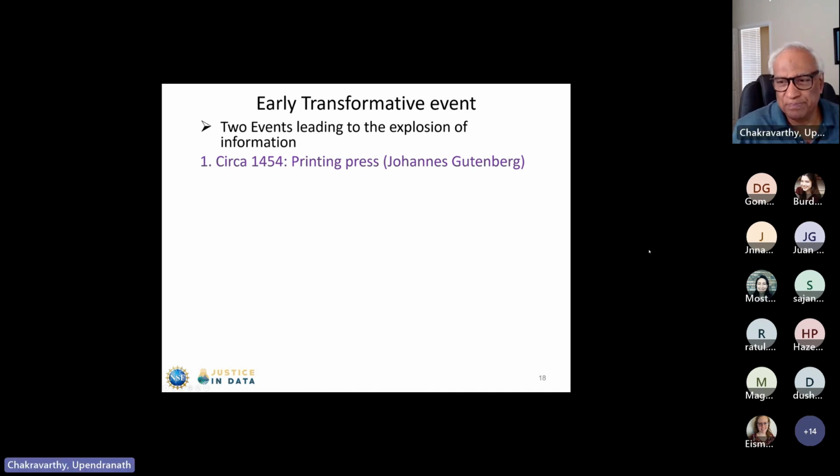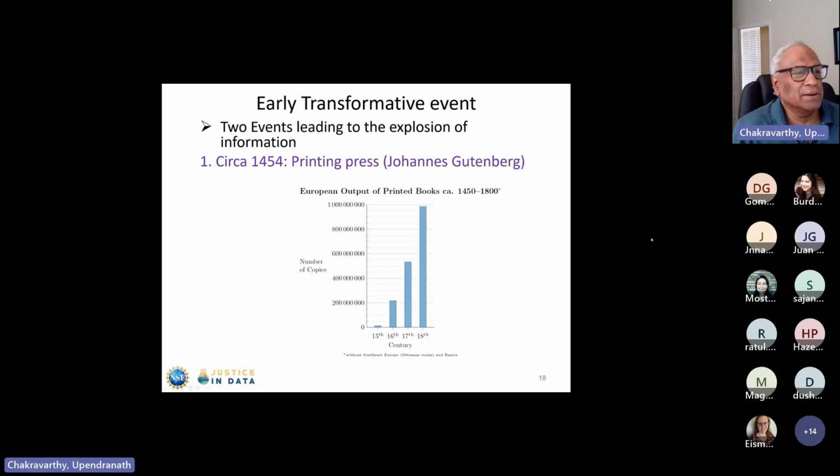Printing press. It was in 1454. Just to understand the impact of that technology, this is way before computers, right? Look at the number of copies of manuscripts that went up from 0 to, this is 1 trillion.